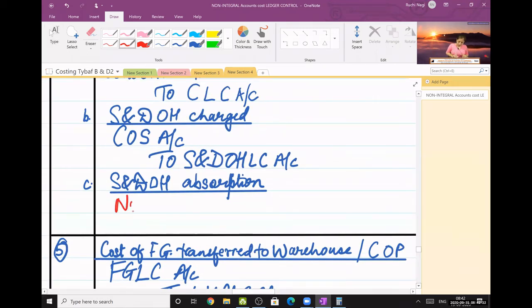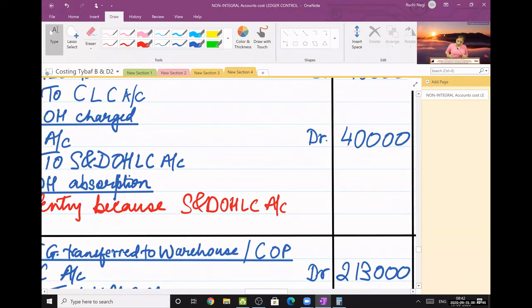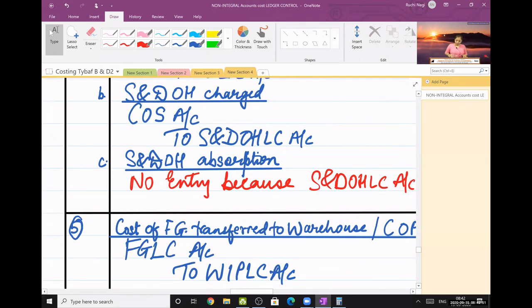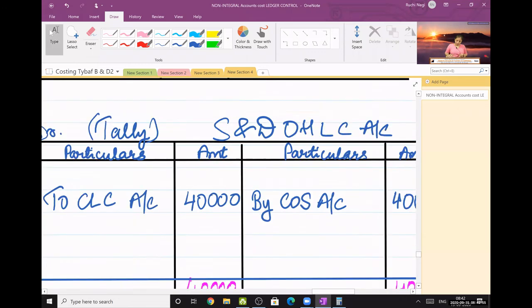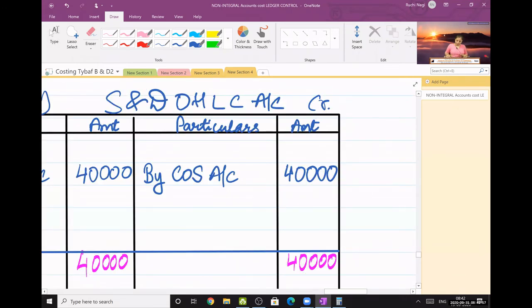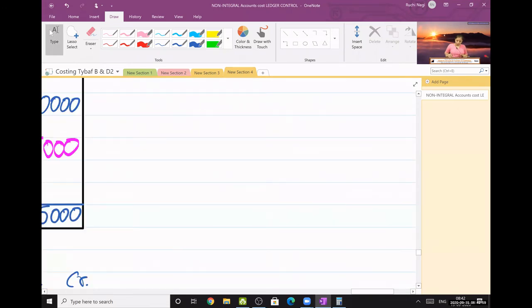So right here, no entry, because selling and distribution overheads ledger control account is tallied. Next. So this is also done, this is also done. Fine.